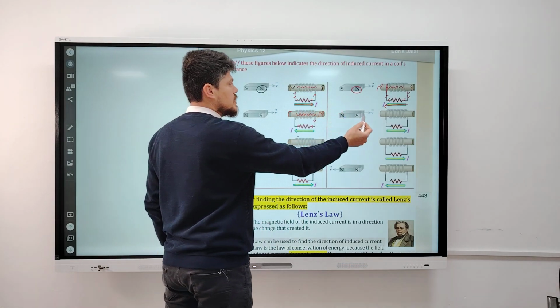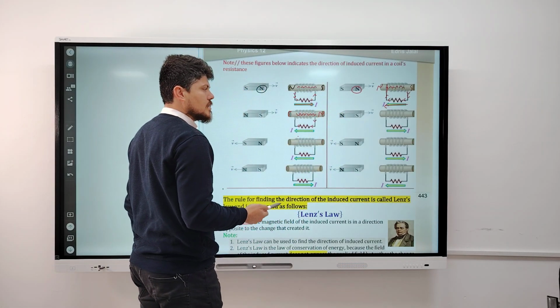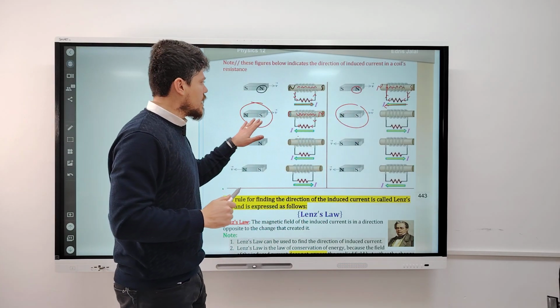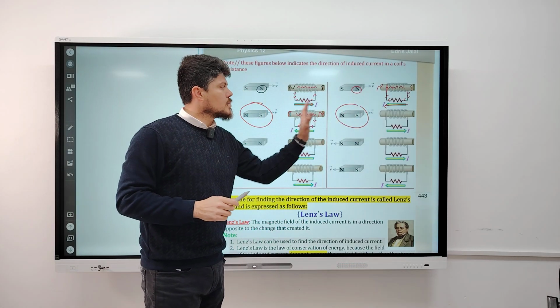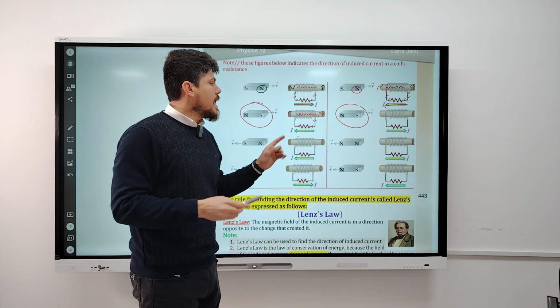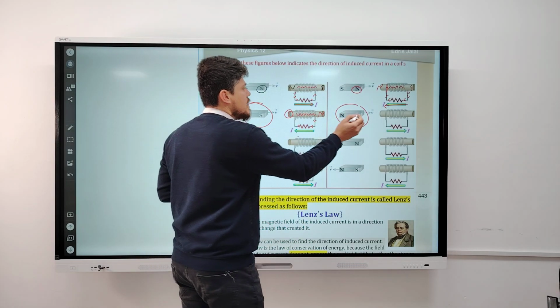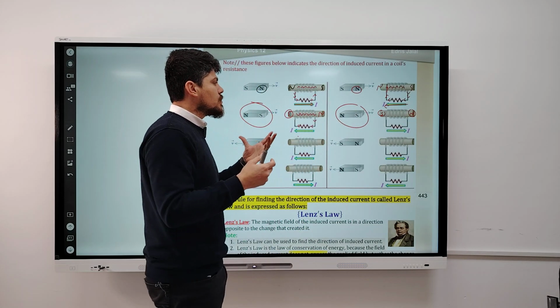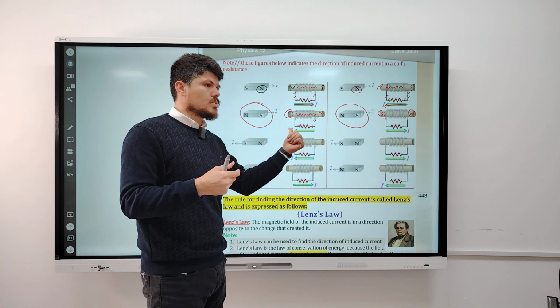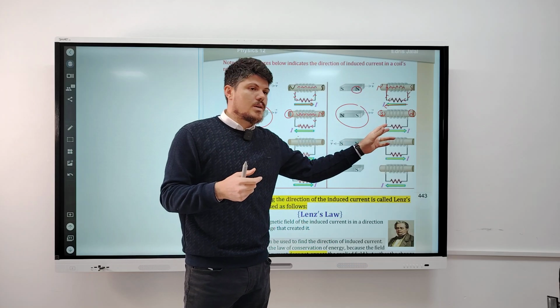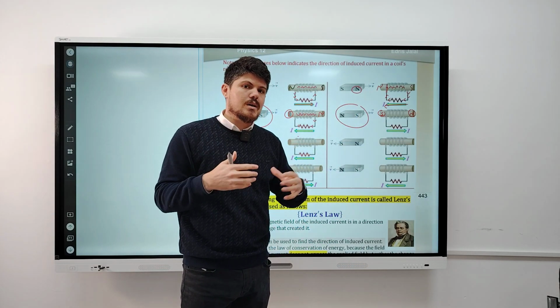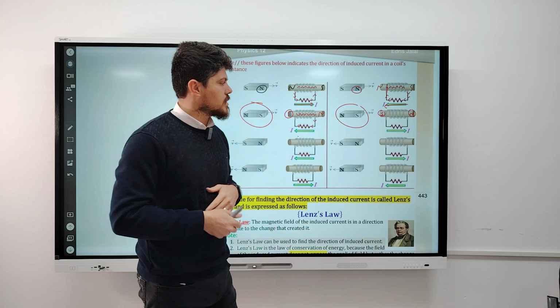And also by changing the wrapping of the wire without changing the pole of the magnet. In both cases, we approach the south pole, and in both cases this end is south and this one is north. But why in this case is the current directed to the left, but in this case it is directed to the right? Because of the wrapping or winding of the wire around the iron rod.